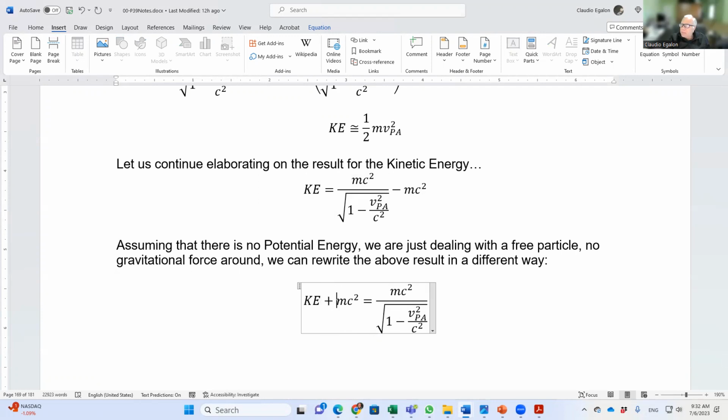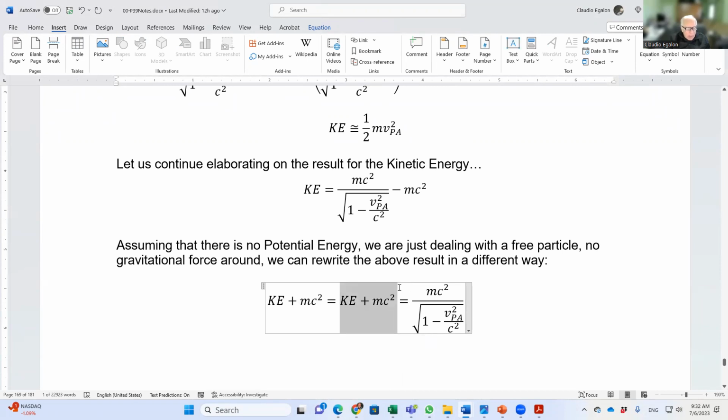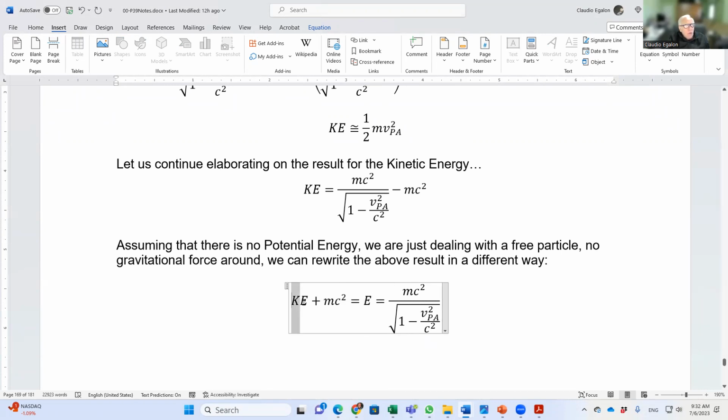Okay. And now, what we end up having here, we can call the total energy of the system: it is an energy due to motion, and it is an energy due to rest. Okay.